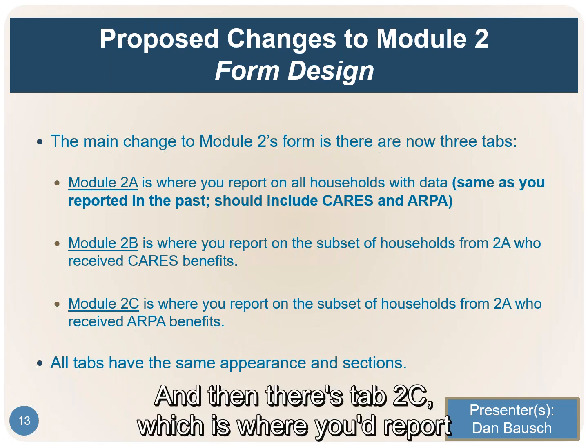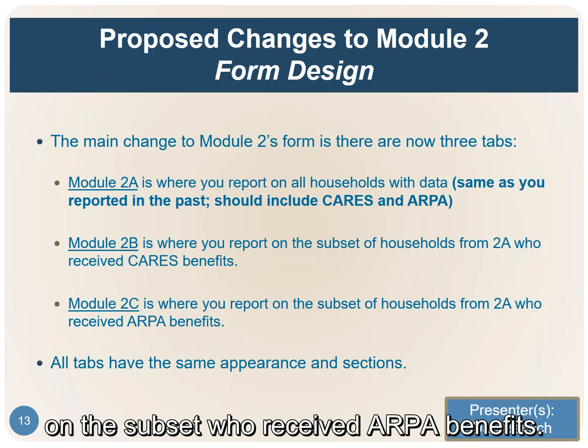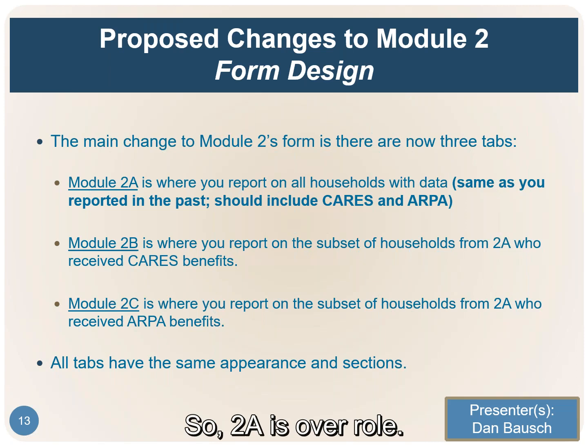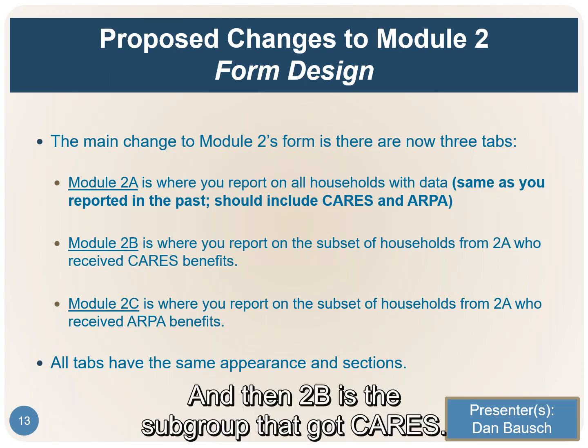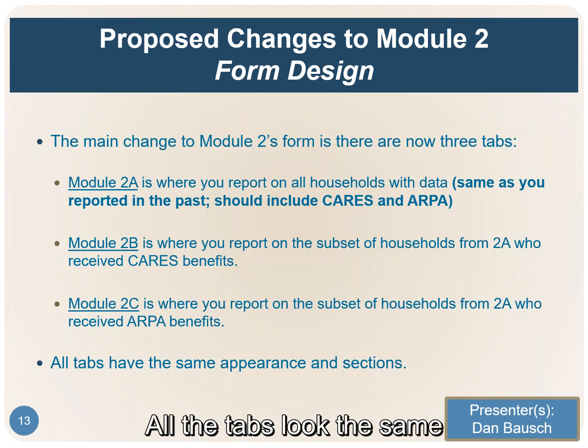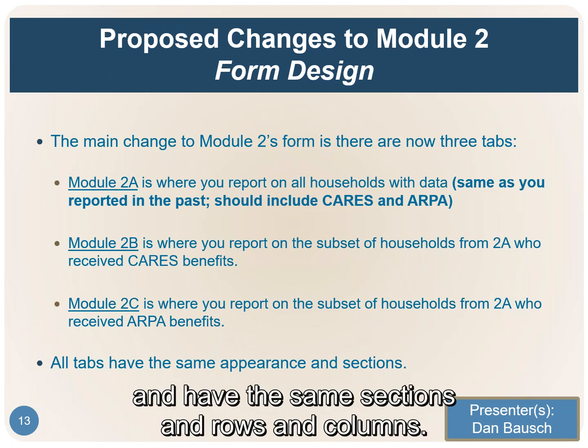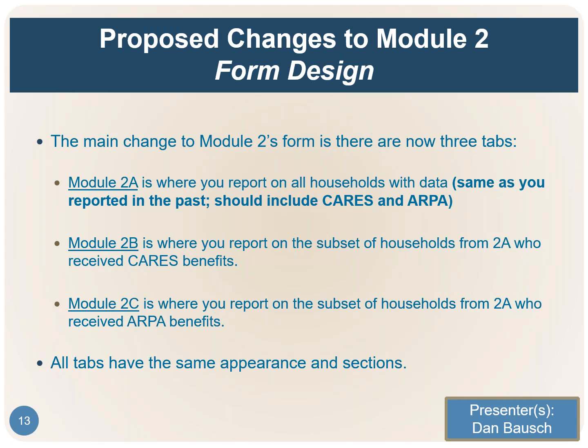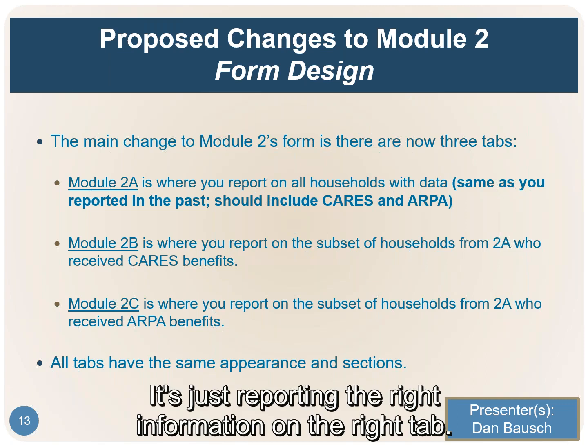And then there's tab 2C, which is where you'd report on the subset who received ARPA benefits. So 2A is overall, and then 2B is the subgroup that got CARES, and 2C is for reporting the subgroup that got ARPA. All the tabs look the same and have the same sections and rows and columns. It's just reporting the right information on the right tab.